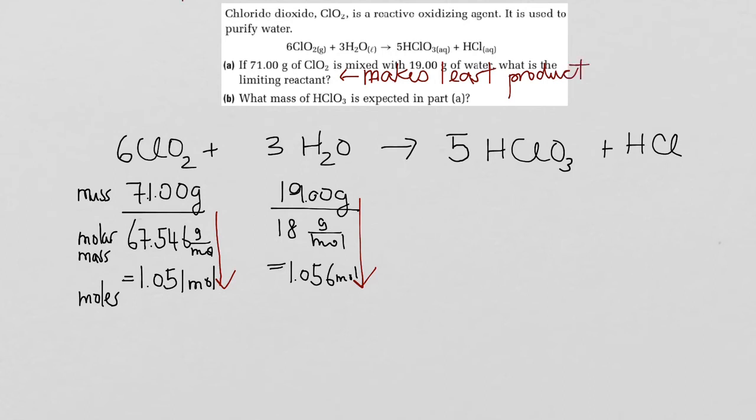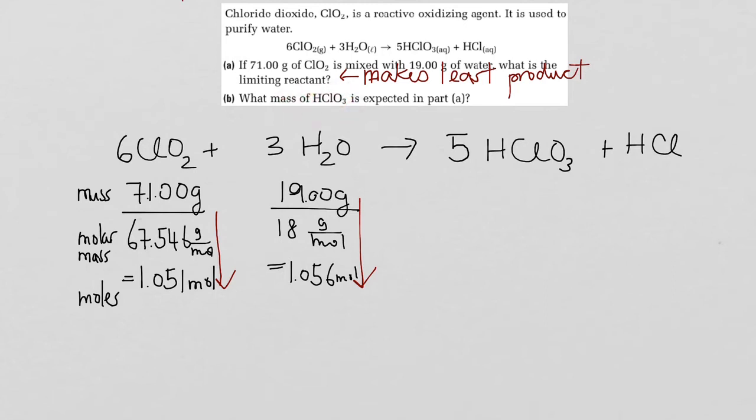And in here, they didn't really tell you which product to calculate for. So technically, you can choose any one of these and say, well, this many moles of water makes this many moles of HCl, and then this many moles of ClO2 makes this many moles of HCl, and then choose the least one. But if you look at question B, it specifically asks you for HClO3.